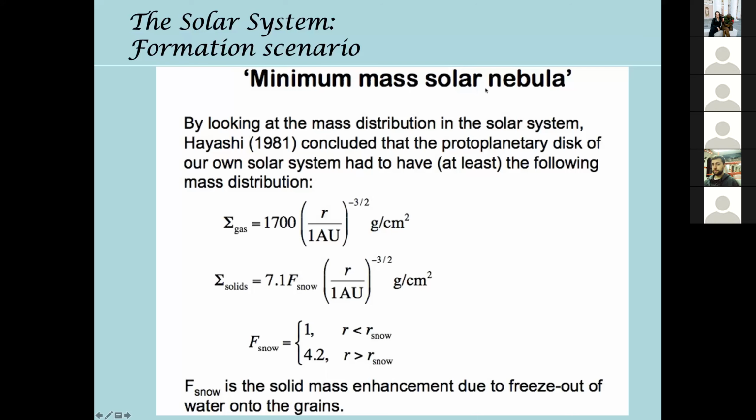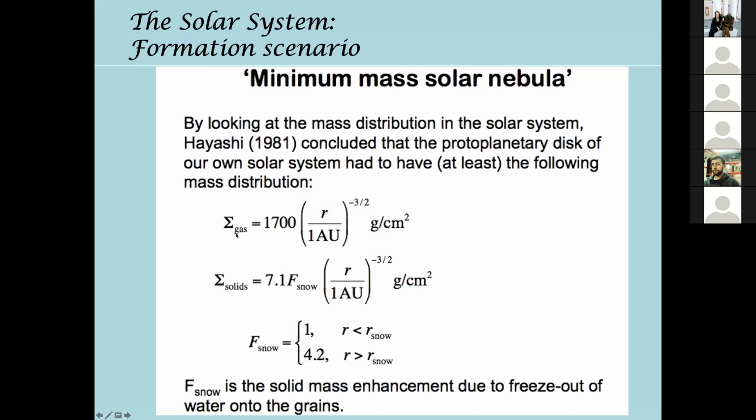So what he found is the mass surface density profile. The disk in the minimum mass solar nebula goes like r to the minus 3.5, normalized at 1 astronomical unit. At 1 astronomical unit, you have 1,700 grams per square centimeter.